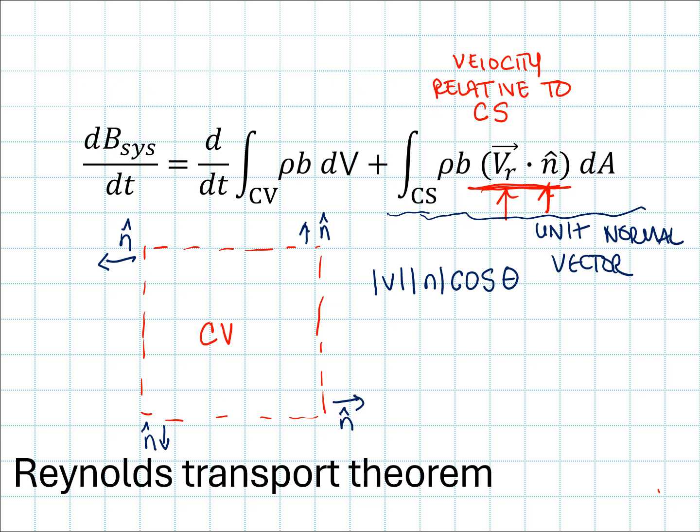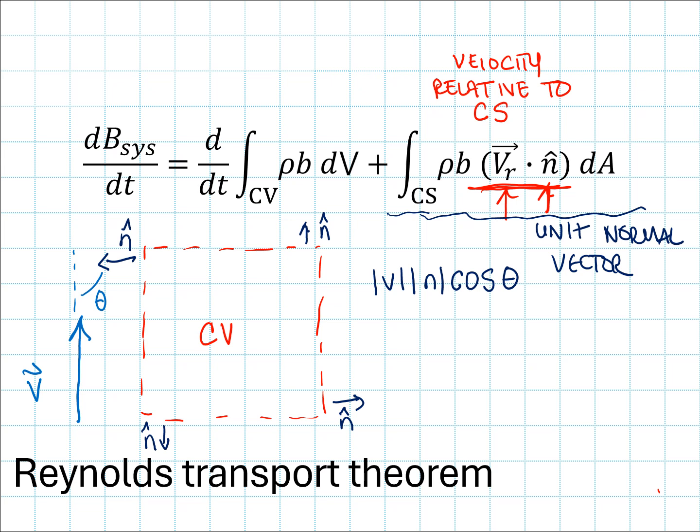So let's say that we have a velocity that's moving like this. And so the angle theta between my unit normal vector and my velocity vector in this case is going to be 90 degrees.